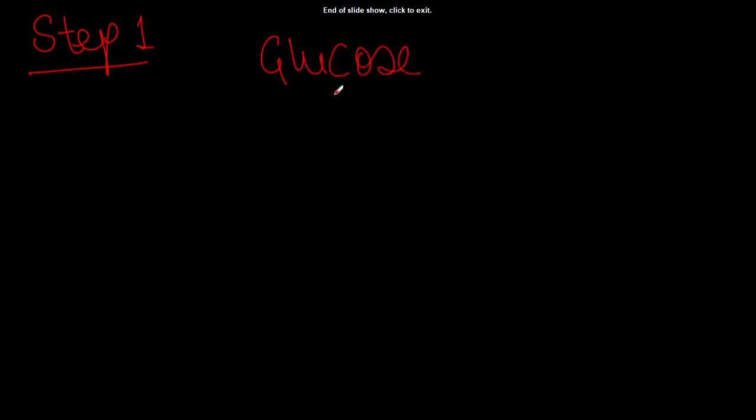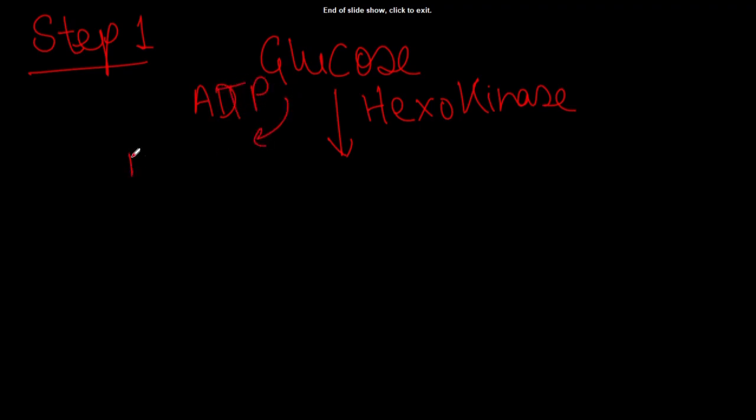Okay, so the first step, that is step number 1, glucose is acted upon by hexokinase in an irreversible reaction in which ATP gets converted into ADP, which results in the formation of glucose 6-phosphate.